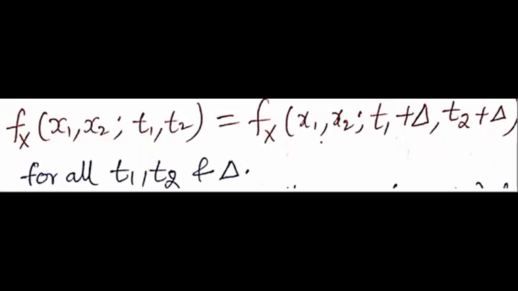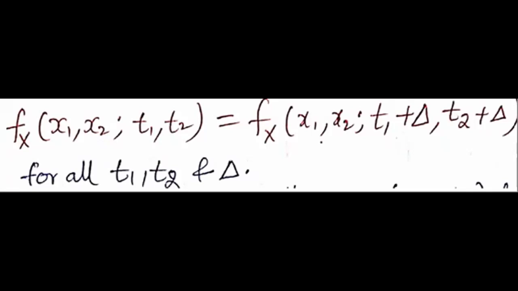If the autocorrelation function of this second order stationary process is like this, then only it is going to be treated as a second order stationary process, right? So if x1 and x2 are two random variables of a random process defined by x of t at times t1 and t2, then what is the autocorrelation function for this consideration?